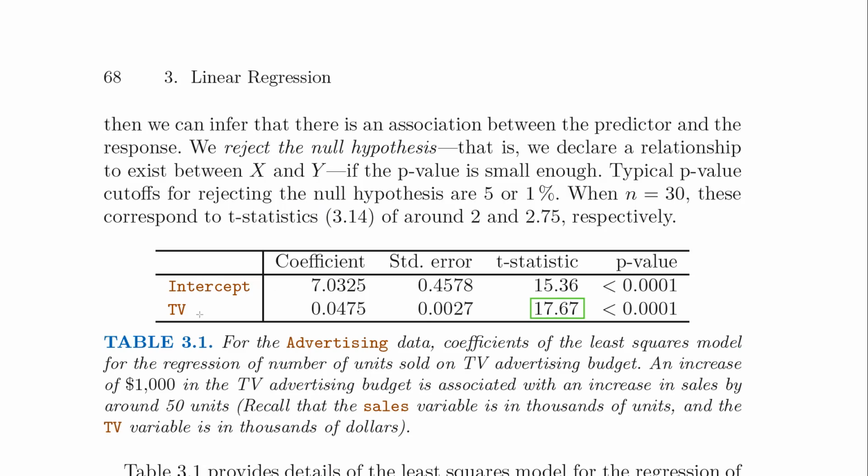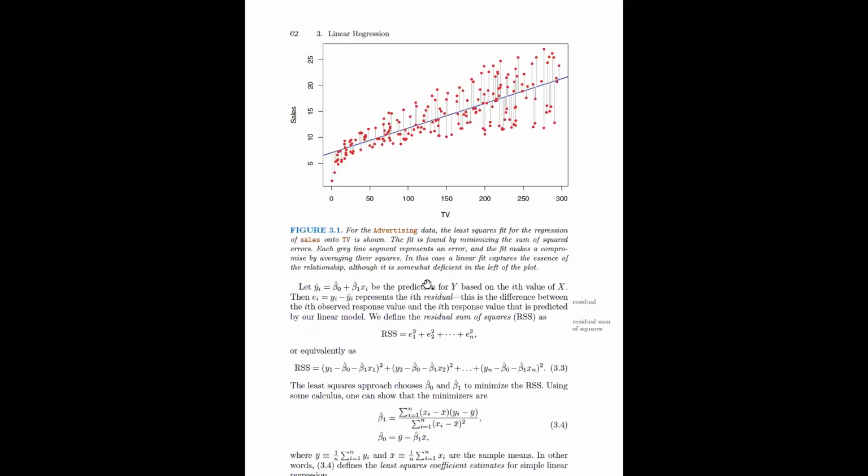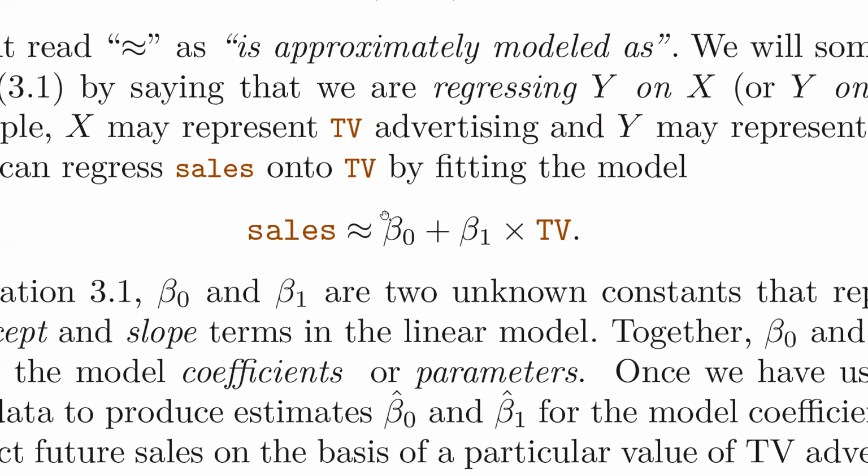TV means the slope. It's television. There are two. We can probably find this in the earlier pages. Here we go. You have your intercept parameter, and you refer to this as your TV parameter.